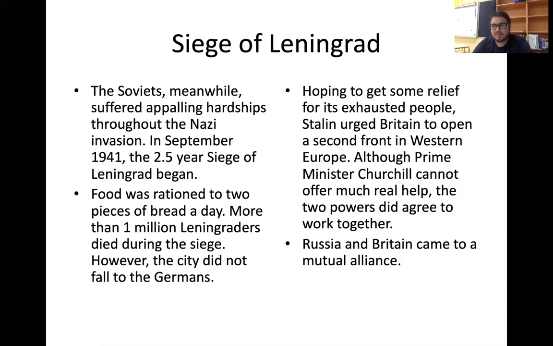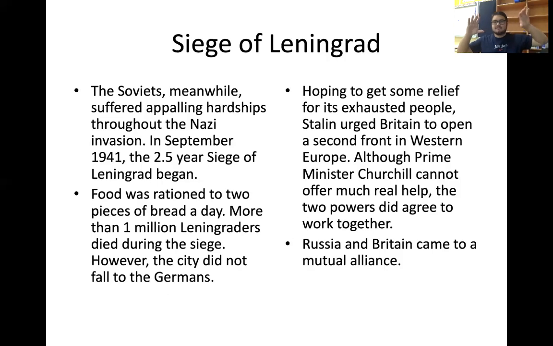Hoping to get some type of help, Stalin is going to call Churchill and say, hey, Germany is concentrating on us 100%. They keep sending troops. We need help. We don't know how much longer we can last. So they're going to try to say, hey, can you make up a second front? That way they could send fewer soldiers, right? So you have to remember it's Europe as a whole, right?